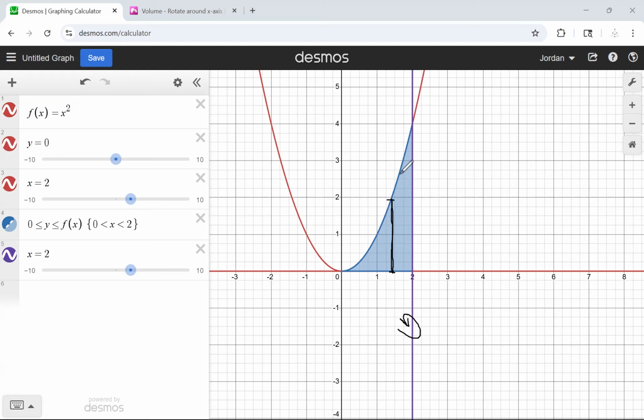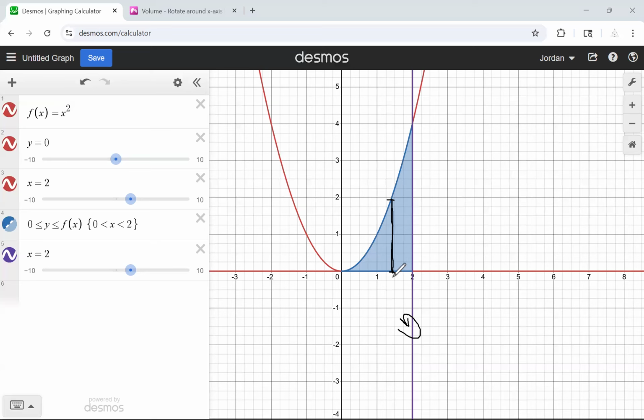The top of this curve is y equals x squared. The bottom is y equals 0. Because my rectangles are vertical, we're going to be integrating with respect to x.